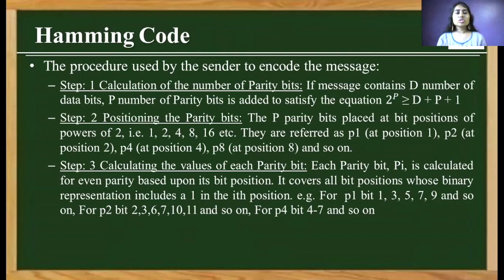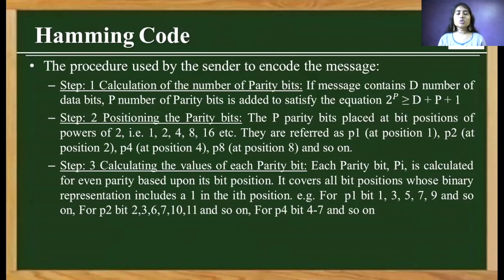This can be calculated using the equation 2 raised to p greater than or equal to d plus p plus 1. Here d is the number of data bits, p is the number of parity bits.